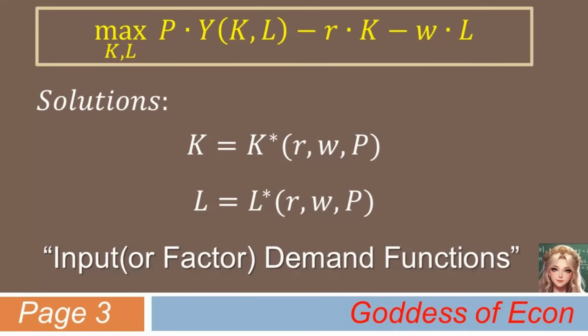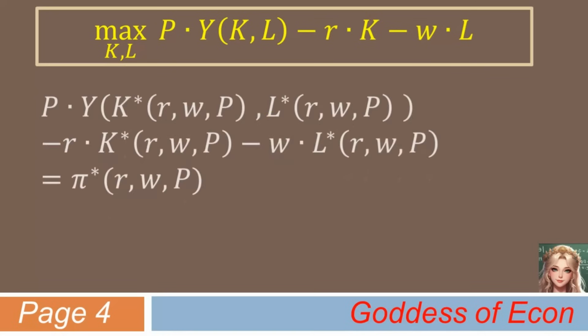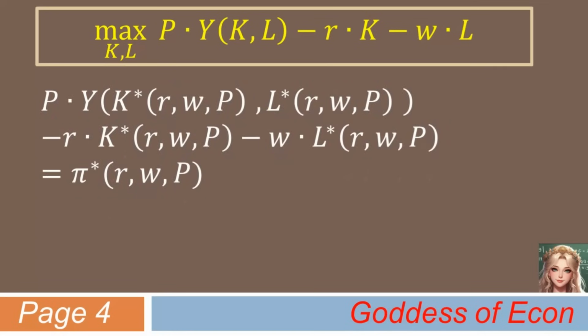Now, let's put the solutions to this problem, that is, input demand functions, back into the original objective function and examine its properties. Okay, here is the objective function. Remember, the solutions we have obtained are optimal levels of K and L, both expressed as functions of R, W, and P. If we put them back into the objective function above, then we have the following. Although it may look a bit complicated at first glance, it is actually not. All we did was to replace every K and L in the objective function with K star and L star.